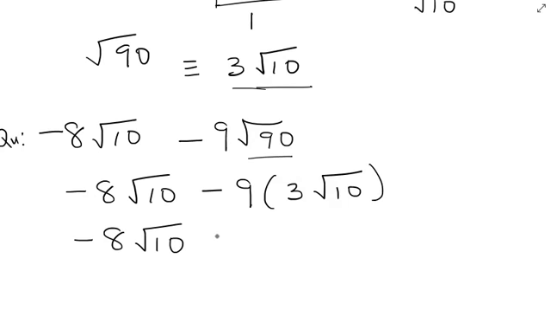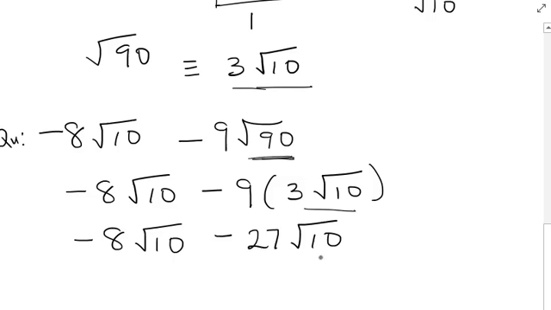We can expand this out by saying minus 9 times 3, which is minus 27. Then we put our root 10. So we've converted our root 90 up here to 3 root 10, and when we put that in, we now have minus 27 root 10.